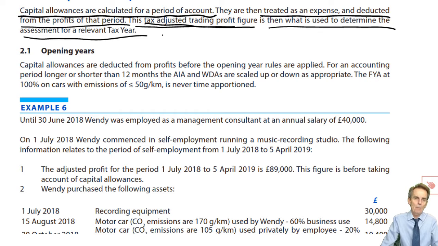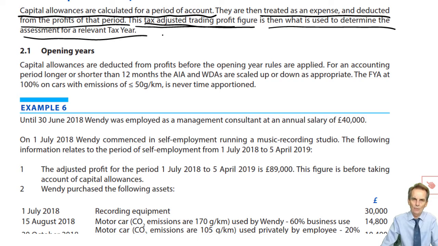Remember, it does not matter when within the accounting period the asset was purchased, whether it was the first day of the 6-month or 9-month or 15-month period, or whether it was the last day of that period. It doesn't matter. What dictates the level of allowance available is the length of the period itself, not the date upon which you happen to buy that asset within that opening period.